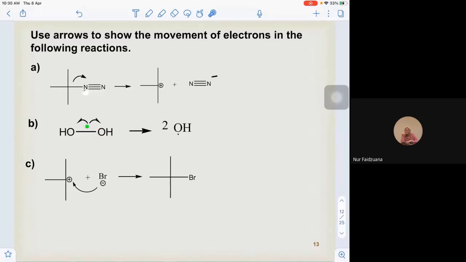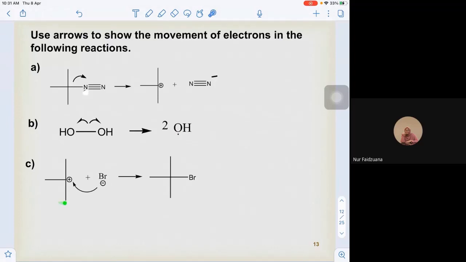As for the case in hydrogen peroxide, H2O2, the cleavage occurs between these two oxygen atoms. Of course, when we have the same atom, they have the same electronegativity, so the electrons need to be divided equally between these two oxygen atoms. So homolysis occurs. We are using the half-headed arrow here so that it will produce two OH radicals.